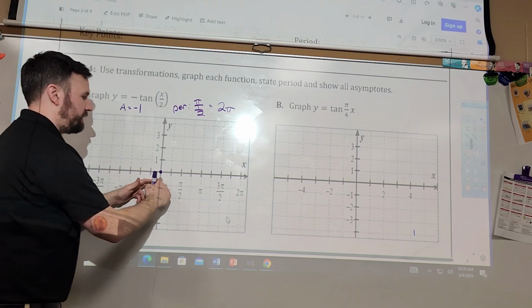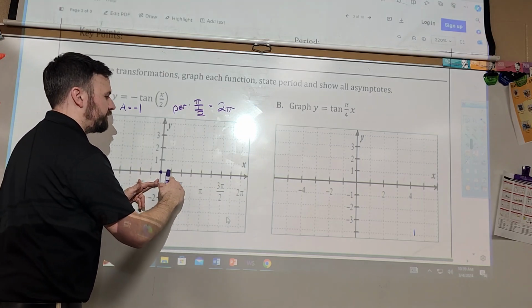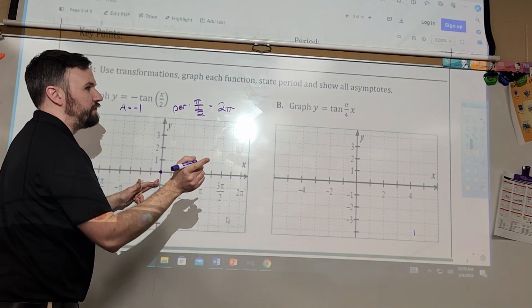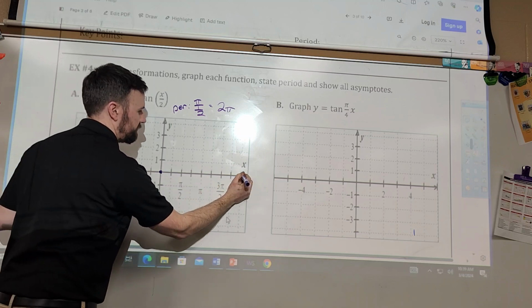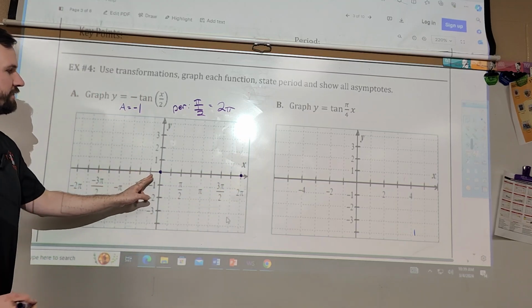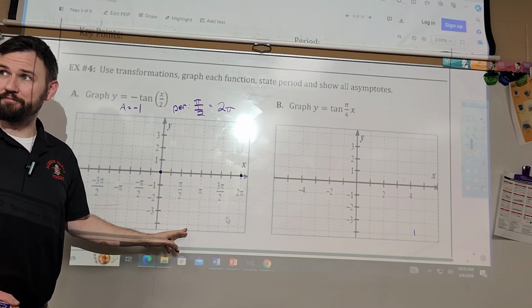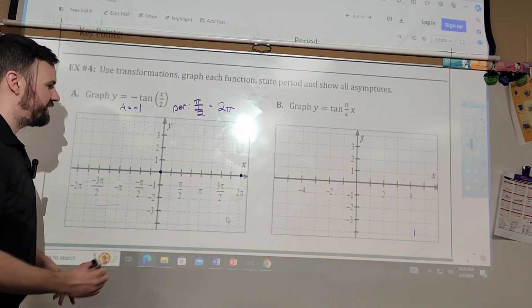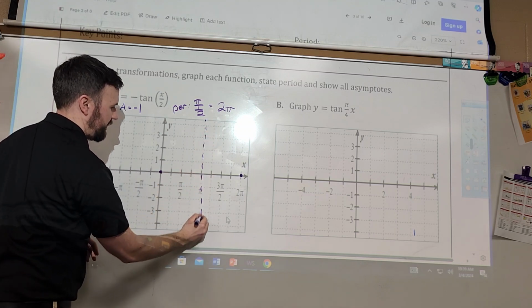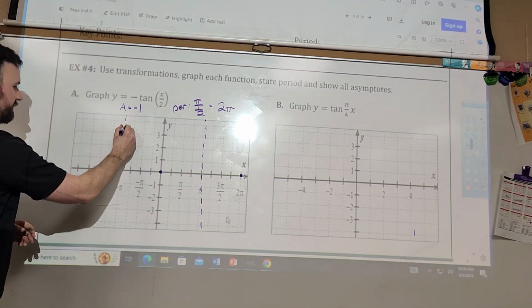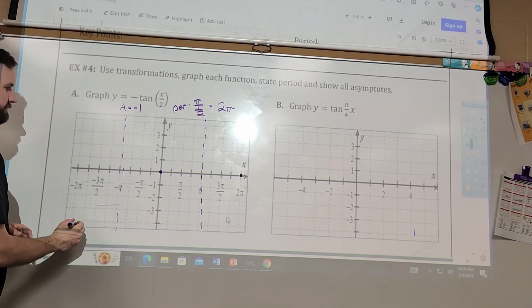Does that mean it's gonna be at pi? You can think about it this way. Where's my next 0? 2 pi. So my asymptote has to be in the middle, right? What's in between 0 and 2 pi? Pi. Negative pi.